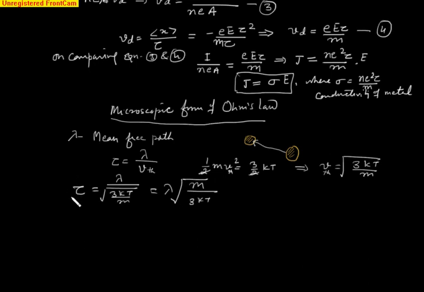And if we substitute this tau, the relaxation time, in the expression for sigma, then the conductivity sigma will become Ne squared over m multiplied by tau, which is given by lambda times the square root of m over 3kT.